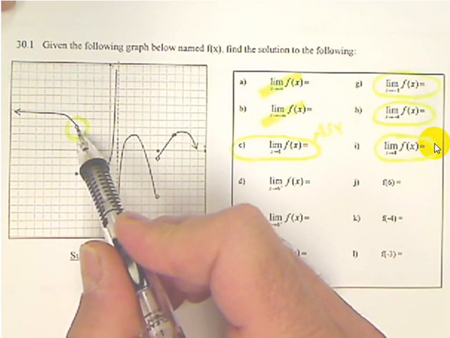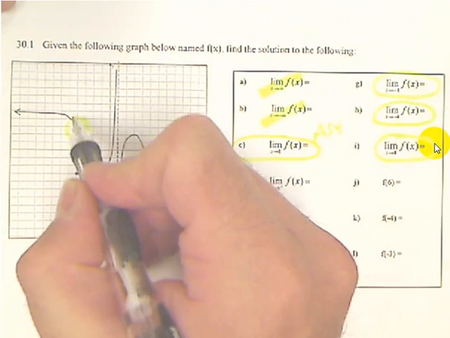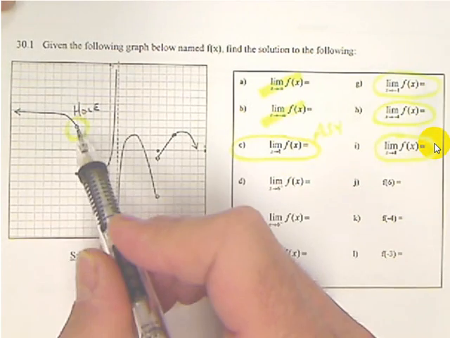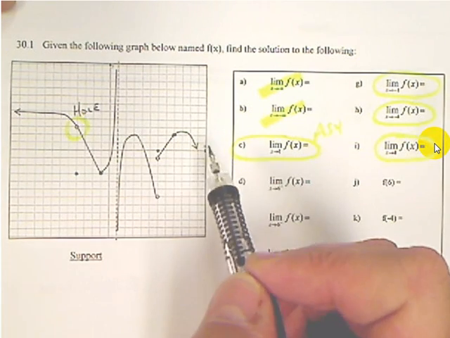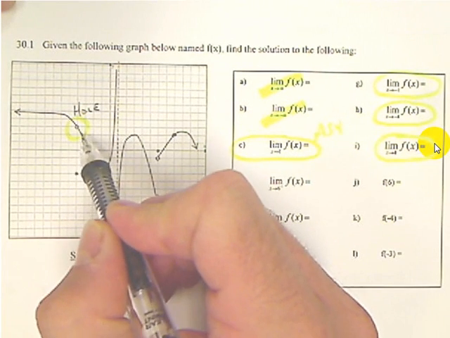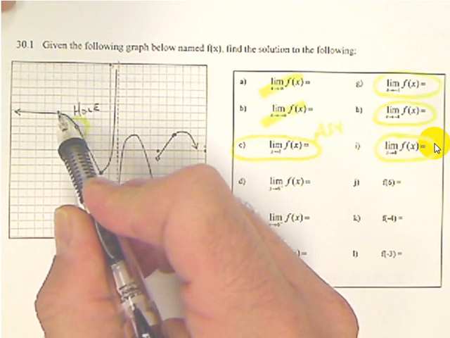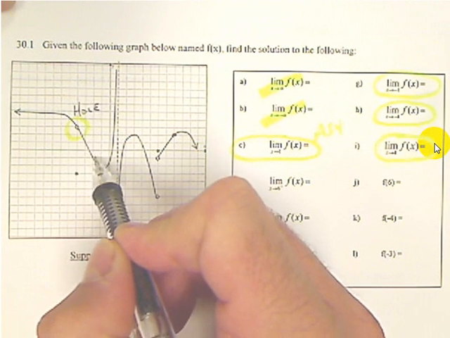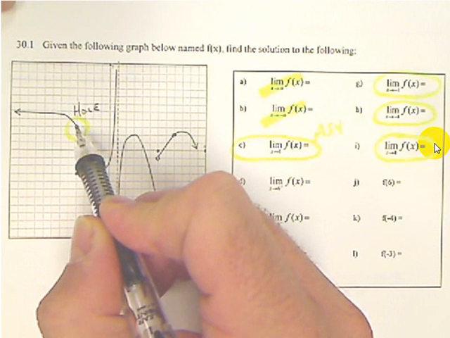This guy right here I'm going to call a hole today. So that looks like a hole in the graph. Now, the way we did holes for piecewise graphs, we did a proof coming from the left and coming from the right. And coming from the left, we would have been heading towards the y value 3. Coming from the right, we would have been headed towards the y value 3.